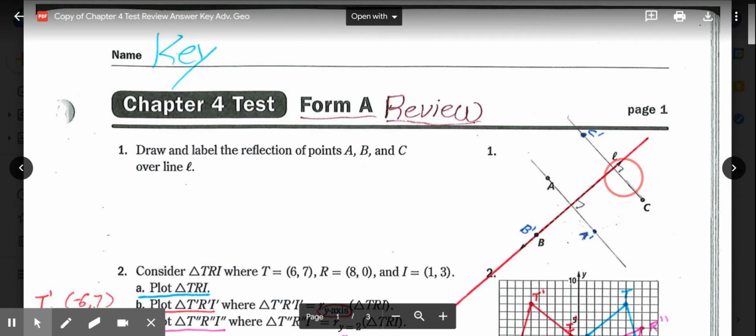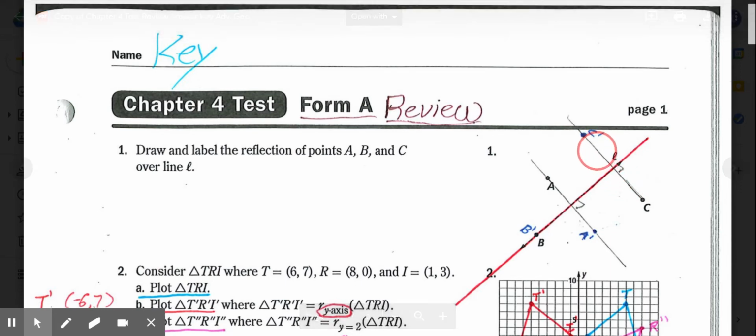Same thing with C: draw your perpendicular segment, measure the distance from C to line L, and then on the opposite side, place that distance for C prime. If you struggled with this one, I'd recommend going back to the lesson on how to draw the reflections and watch that construction video.